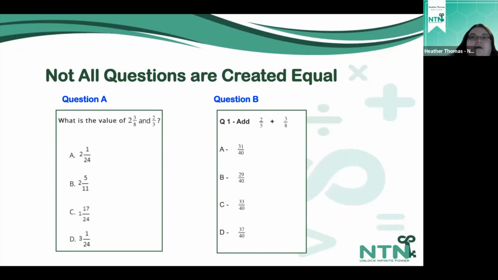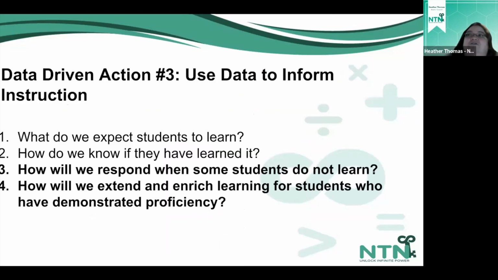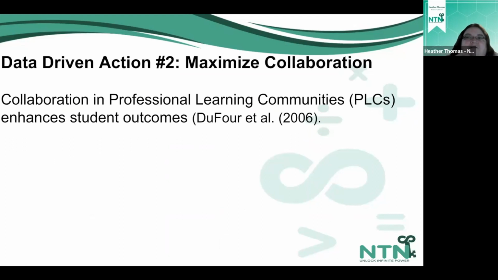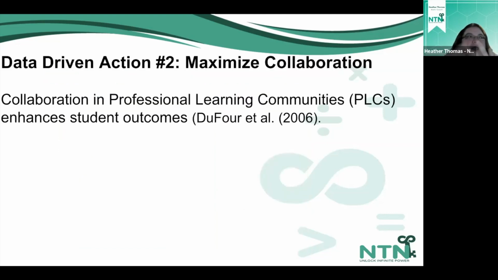And so when we think about this, I want to cycle back to this idea of PLCs. These are conversations that we need to be having in the PLCs. The last two pieces from the PLC, the last two questions, Sarah is going to talk about in terms of once we get this data, what it is that we need to do with it as we start analyzing a little bit.